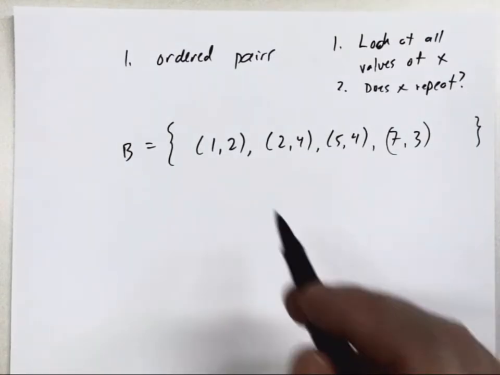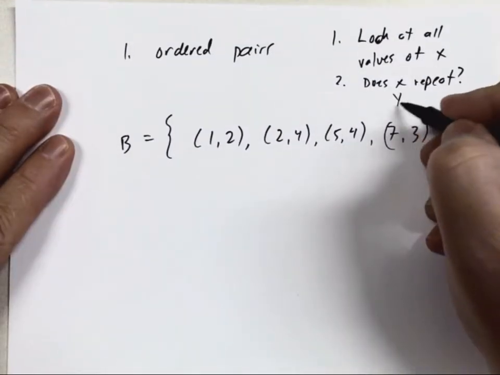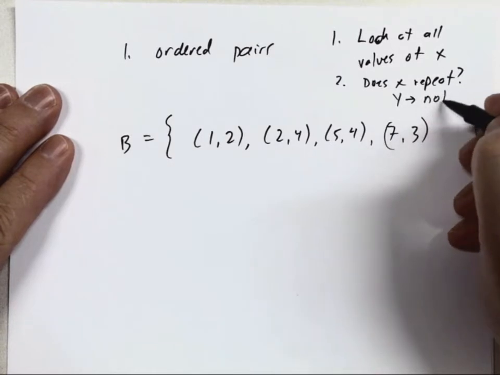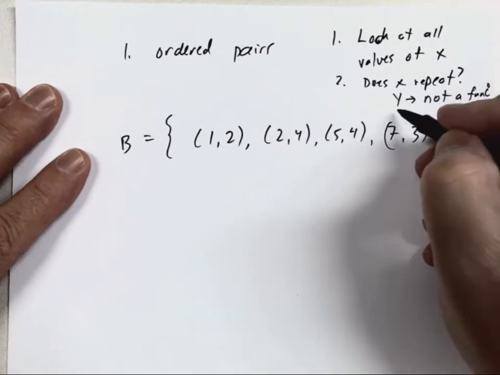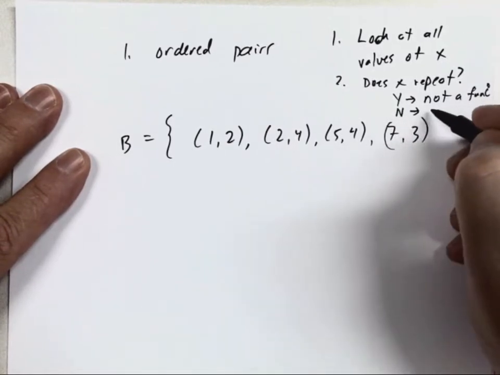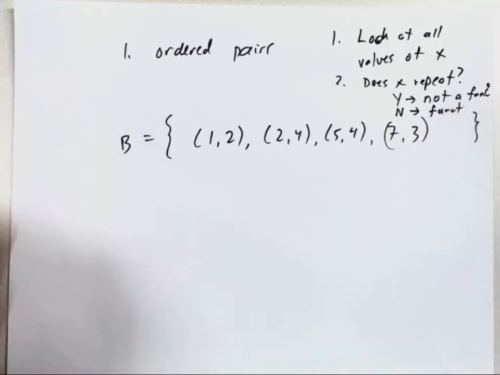In other words, do you have two ordered pairs with the same value of x? If the answer is yes, then it is not a function. If the answer is no, then it is a function.